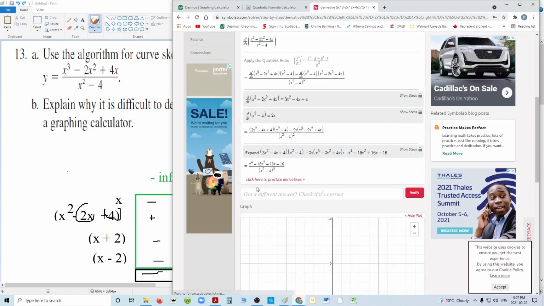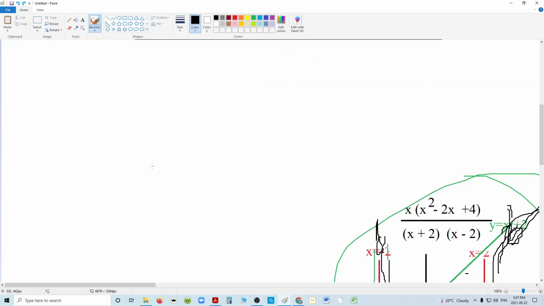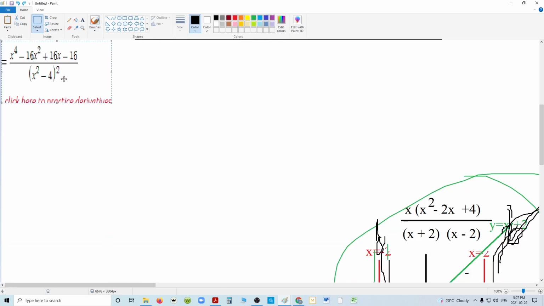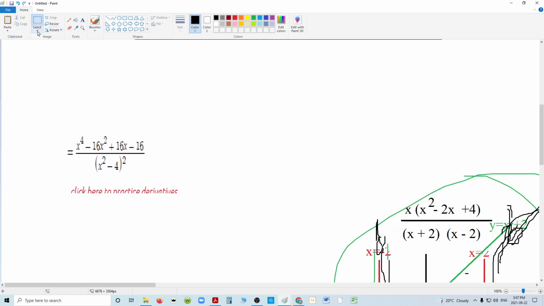So they've simplified the first derivative, and you can see it would have been quite complicated. And I'll just go down here and make a copy. This is the first derivative here. So you would have had to make that equal to 0. You would have had to see if there's any factors out of it.